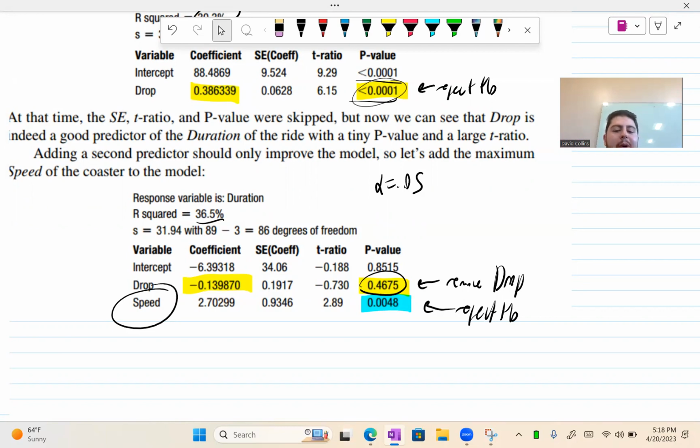So if the 0.46 was like 0.001, that would mean they are not collinear. But it's the fact that speed comes in and completely negates the usage of drop that is how you know they're collinear.